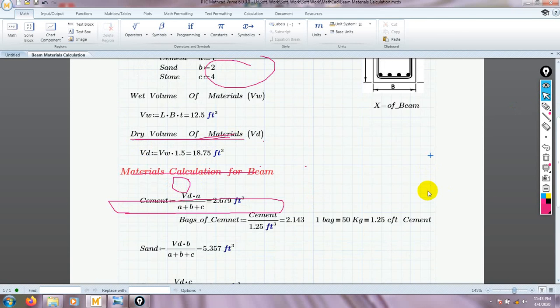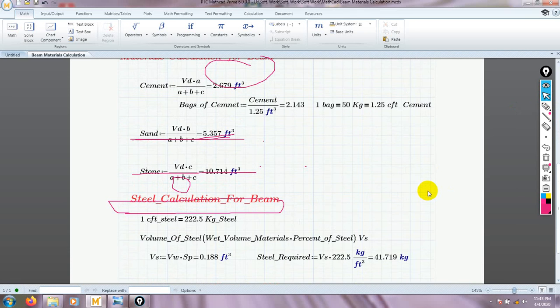After that, for steel calculation, we see the weight volume of material into percent of steel. I have represented it by VS. So VS equals VW, the weight volume, into SP, the percentage of steel, equal to 0.188 feet cube.